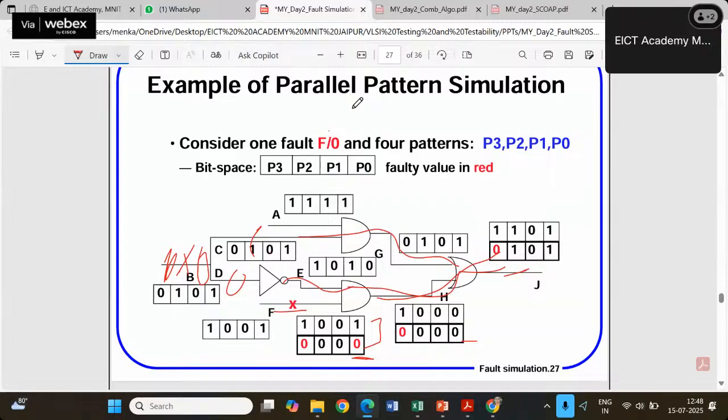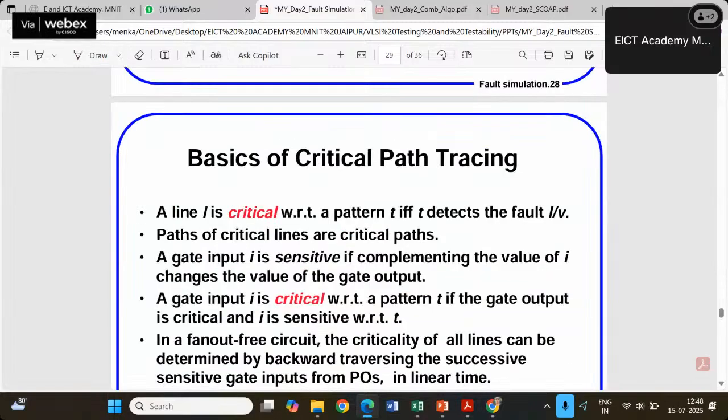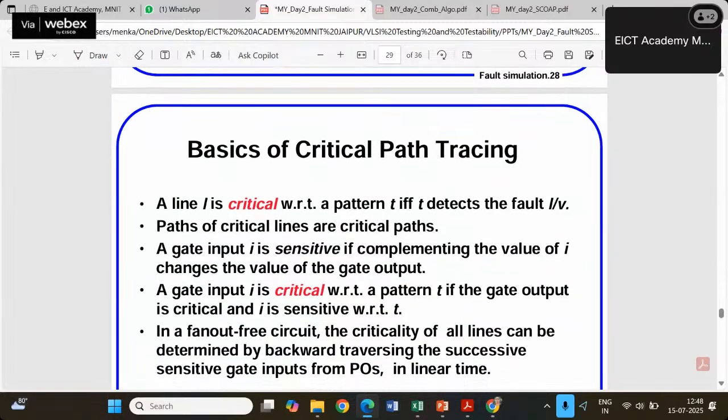If you can propagate that fault to the output somehow, where you can observe it, then if you are able to observe any fault at the output, that particular path is the critical path, and the gates coming into that path are critical gates.